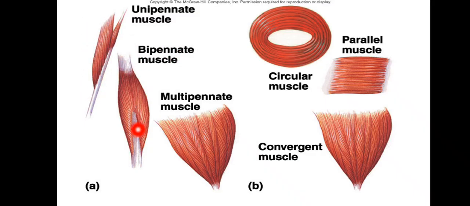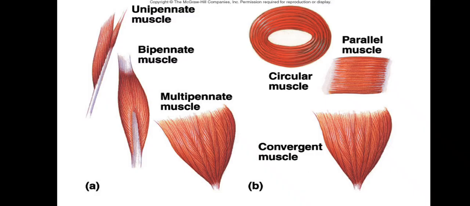Bipennate, one tendon, and the muscles are attached on both sides. Multipennate simply means you've got a lot of tendons in the middle where these muscles are attaching themselves. Then there are what we call circular muscles, those found, for example, around the mouth and in the eyes. They follow the shape.